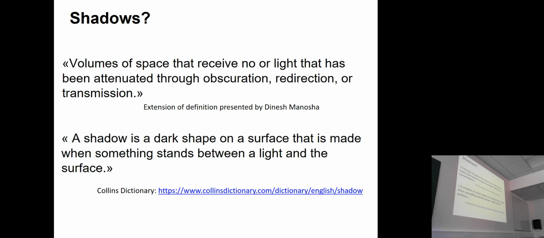So here we have a few definitions, like volumes of space that receive no light or light that has been attenuated through obscuration, what you have said, covering by some object from the light source, redirection or transmission, or from Collins dictionary a more neutral definition without technical context: a shadow is a dark shape on a surface that is made when something stands between a light and the surface.